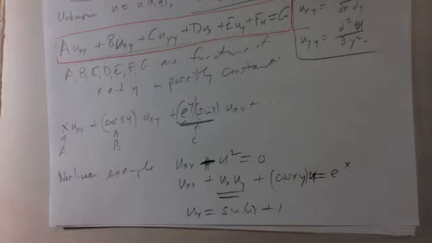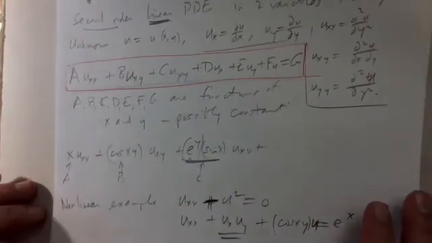Okay. Now, linear second order PDEs, this type of equation, fall into three categories, which are called parabolic, elliptic, and hyperbolic.